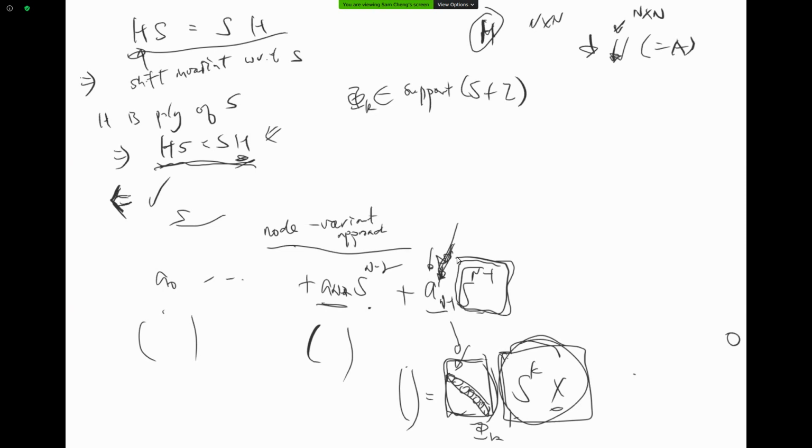But here what I want to say is that this phi k can only be non-zero. Maybe let me write not using this support notation. Maybe I just write phi k here: the ij element is non-zero only if the ij element of S is non-zero, something like that.